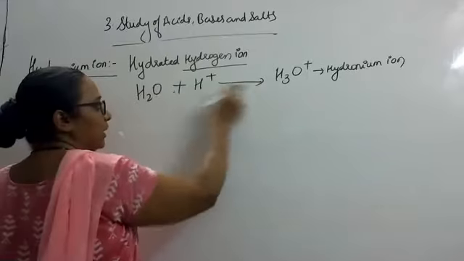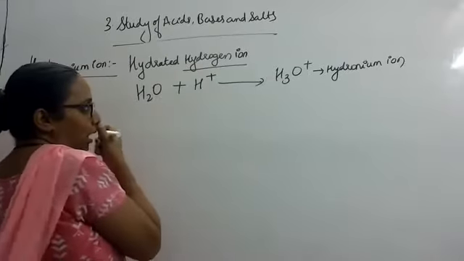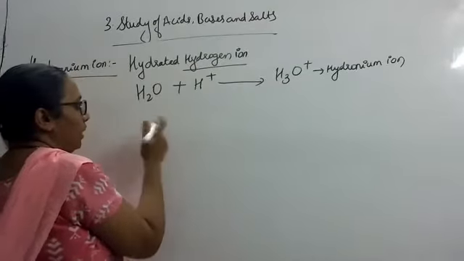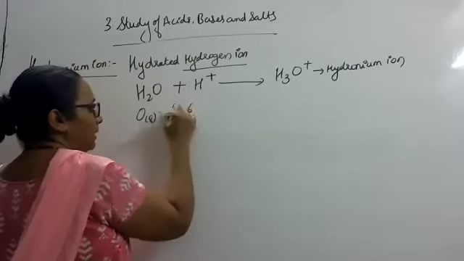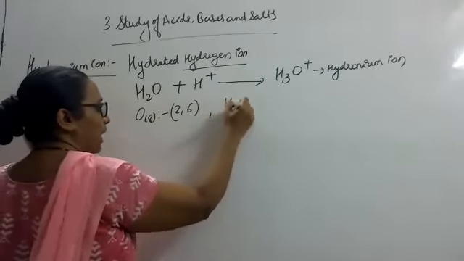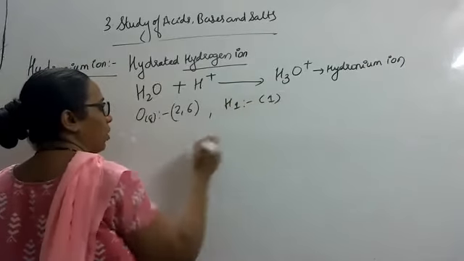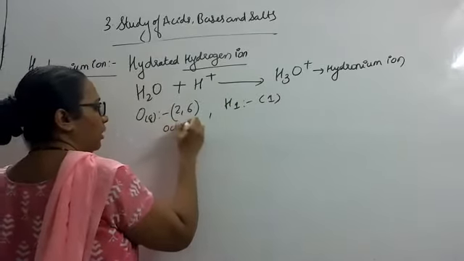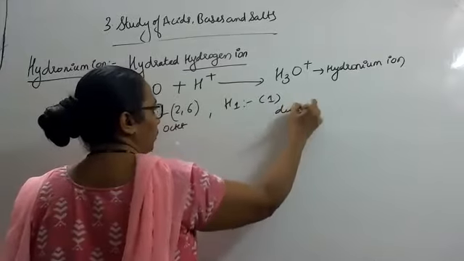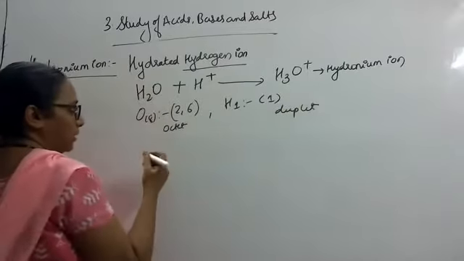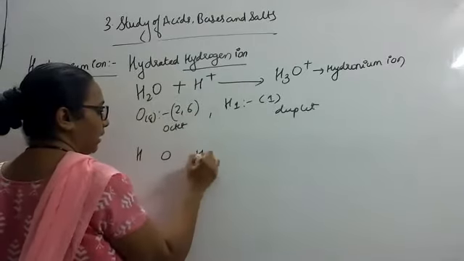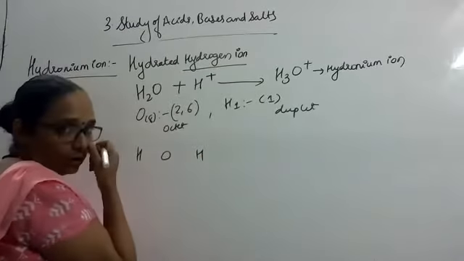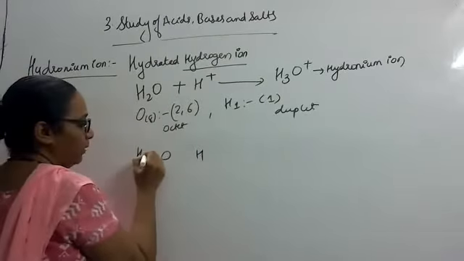H2O becomes H3O plus. How is the structural formula? Oxygen has atomic number 8, electronic configuration 2, 6, hydrogen is 1. Oxygen will follow the octet rule, hydrogen will follow the duplet rule. We draw hydrogen, oxygen, hydrogen. Each hydrogen has 1 electron.